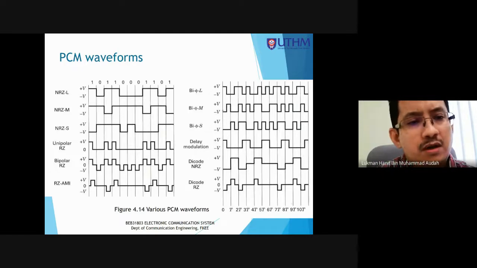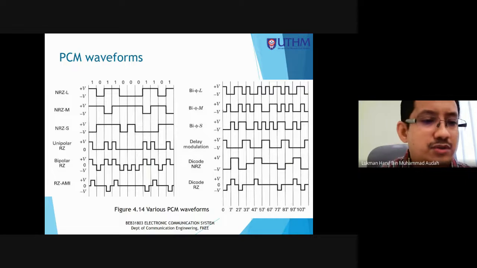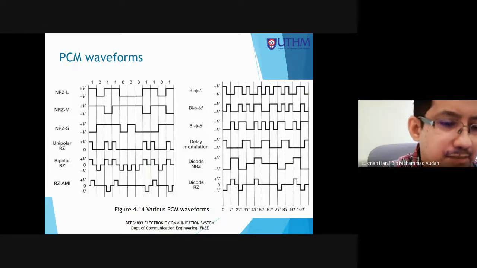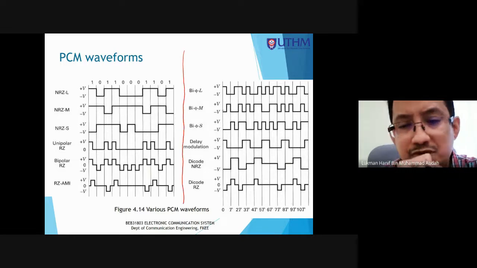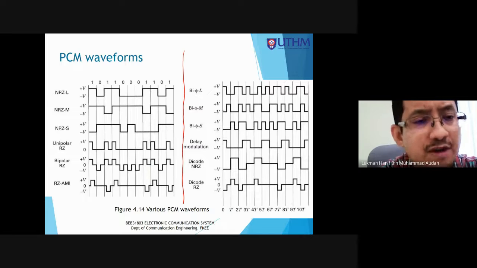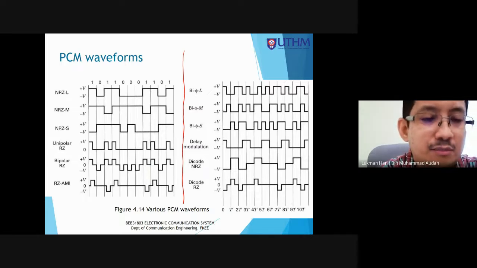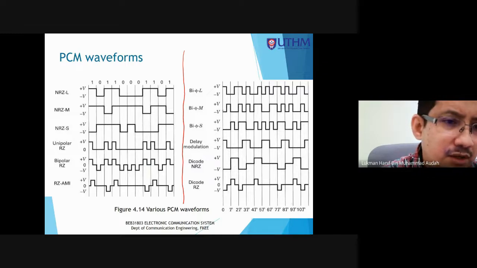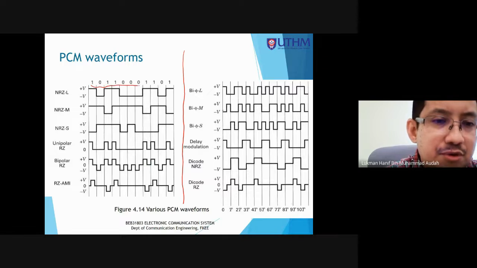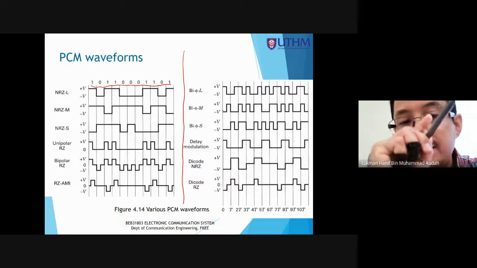Okay, so kalau kamu lihat di sini saya nak sentuh di bahagian yang sebelah kiri. Okay, ni tak perlu hafal semualah, tak perlu hafal semua. Cukup sekadar kamu faham. So kalau you lihat di sini we have the PCM sequence, ini dia punya input. Nampak kelas?